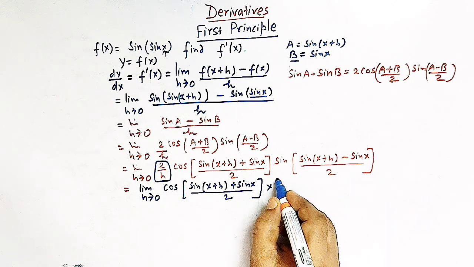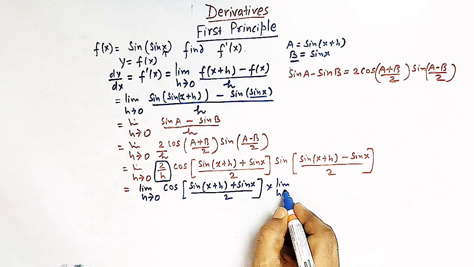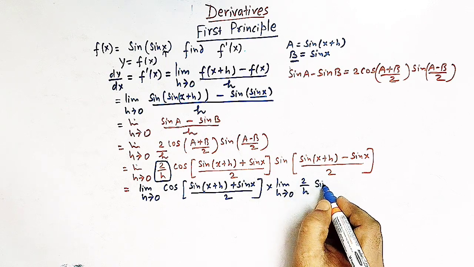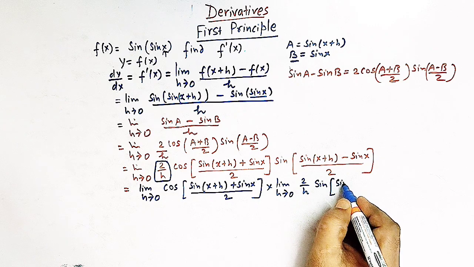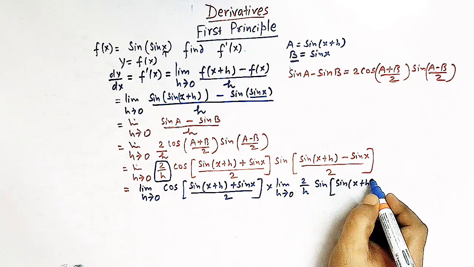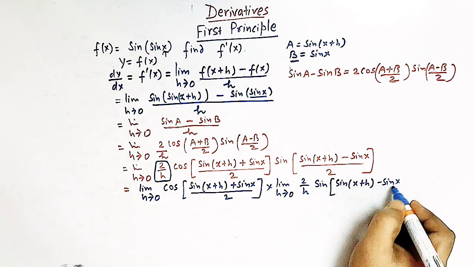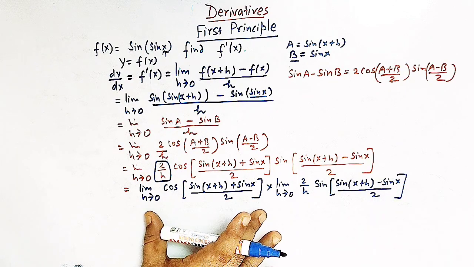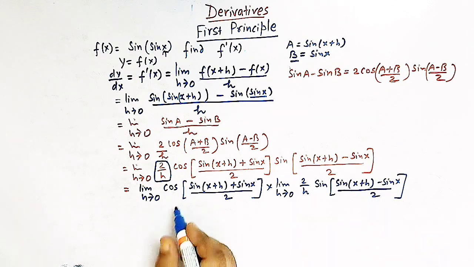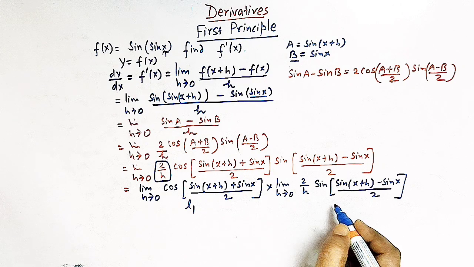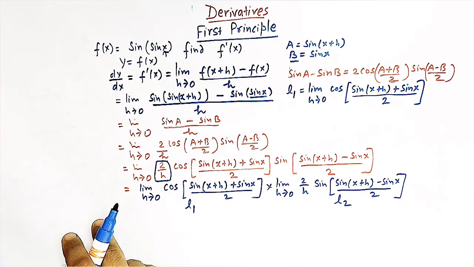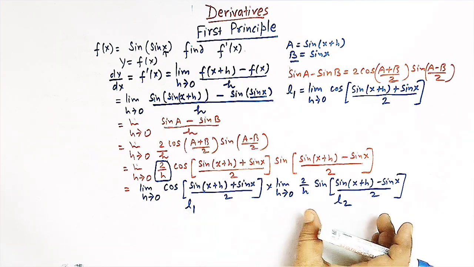So we can now write limit h tends to 0, and we have 2 over h and sine, and here we have sine x plus h minus sine x over 2, right? So now we have the product of two limits. So let us call this limit as L1 and this limit as L2. So now let us separately find out L1 and L2.